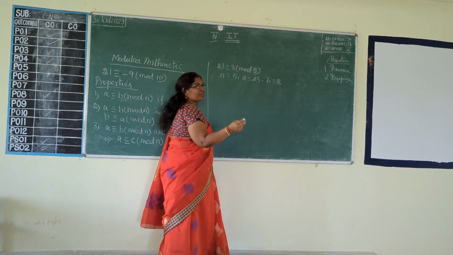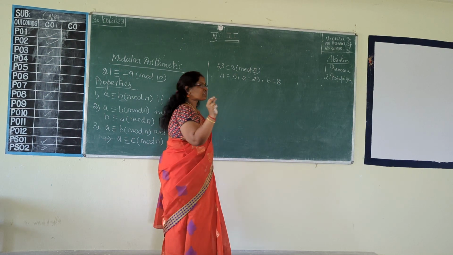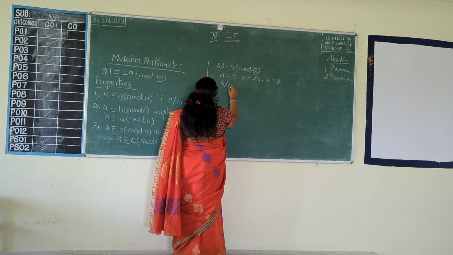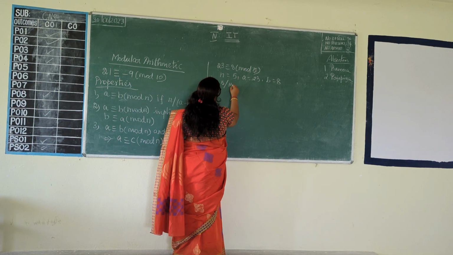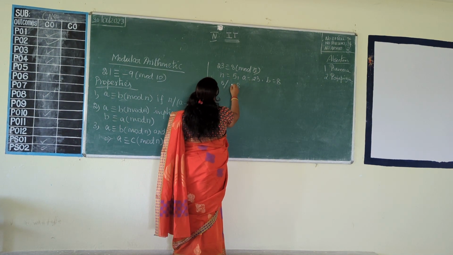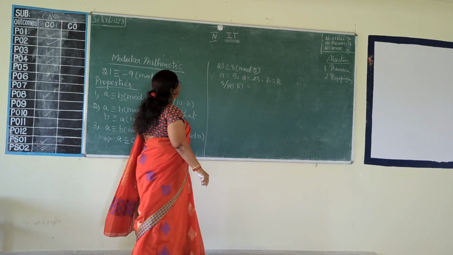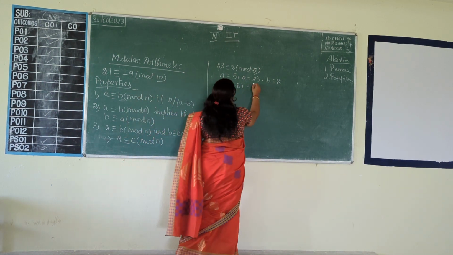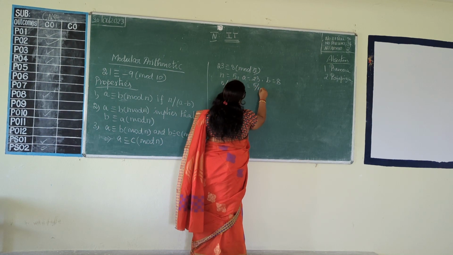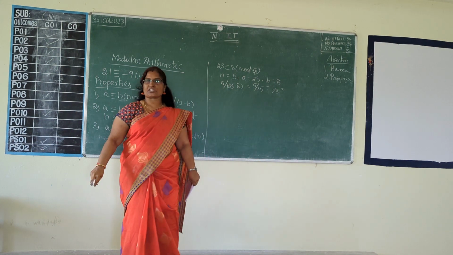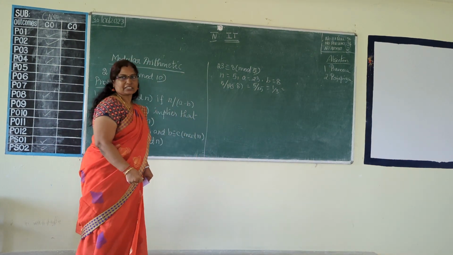So n divides A minus B: 5 divides 23 minus 8, which is 15.